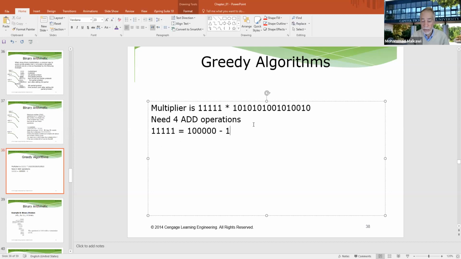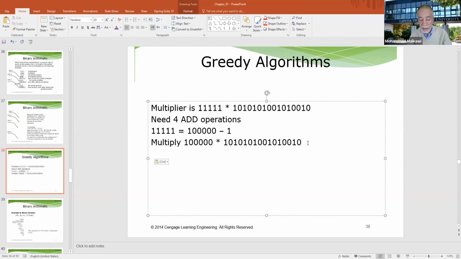If I do the multiplication now, instead of all 5 ones, I multiply by this number. So I just converted my adds into only one add, because all of these zeros are shifts.